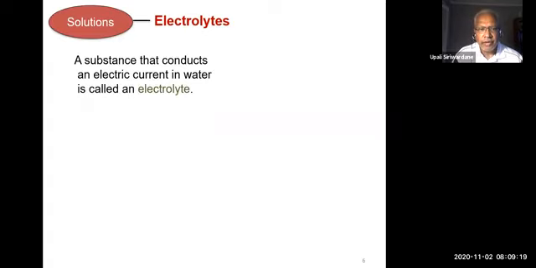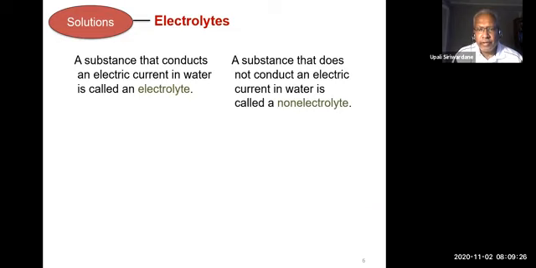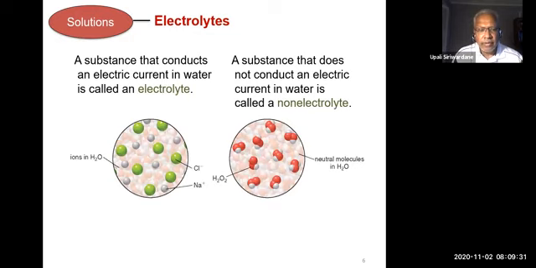A substance that conducts an electrical current in water is called an electrolyte. One that doesn't conduct electricity is a non-electrolyte. For example, when you have an ionic compound dissolved in water, it dissociates into ions, and when two electrodes are placed in the solution and current is applied, the solution shows conductivity.